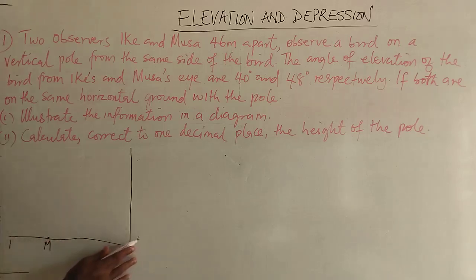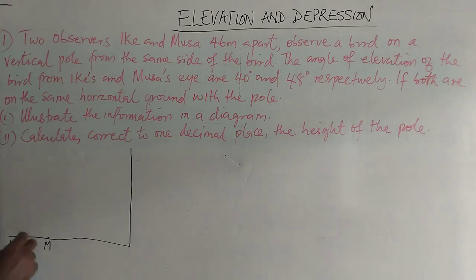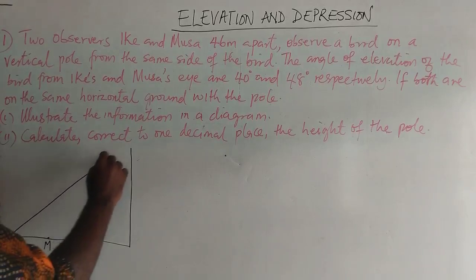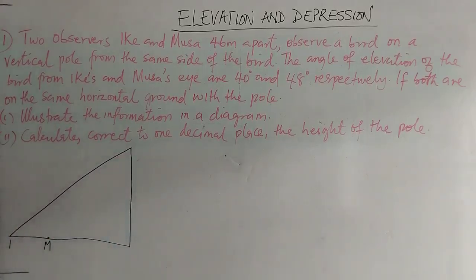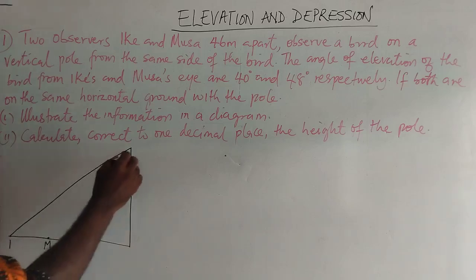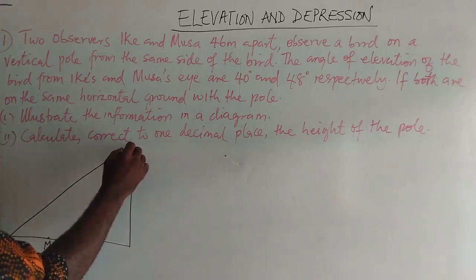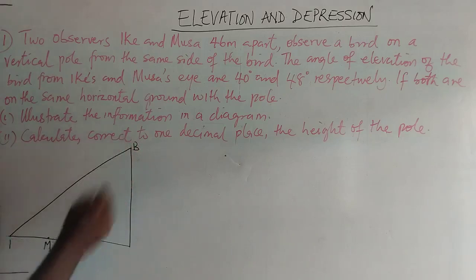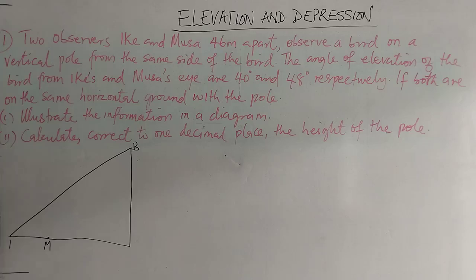Both of them are on the same horizontal ground with the vertical pole. Then the angle of elevation from Ike to the bird on top of the pole. So the bird is here, B at the top of the pole, and then this is the foot of the pole.